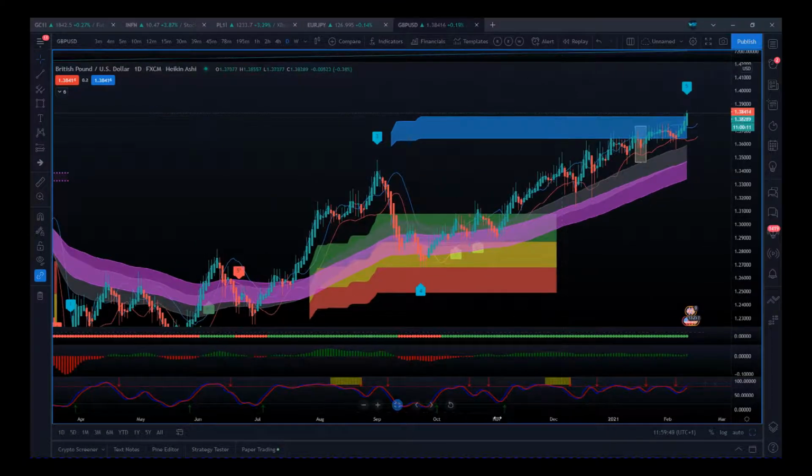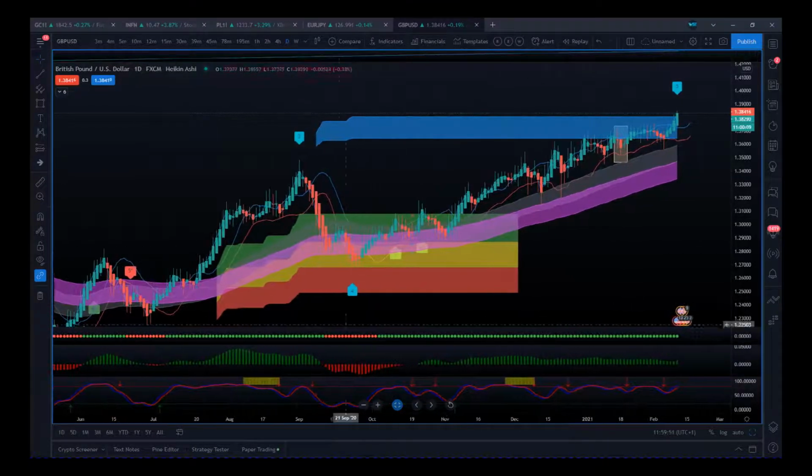One of the next indicators we talk about is the bias indicator. This represents whether the higher time frame, which it automatically works out, is bearish, neutral, or bullish. We have neutral which is yellow, bullish which is green, and bearish which is red.